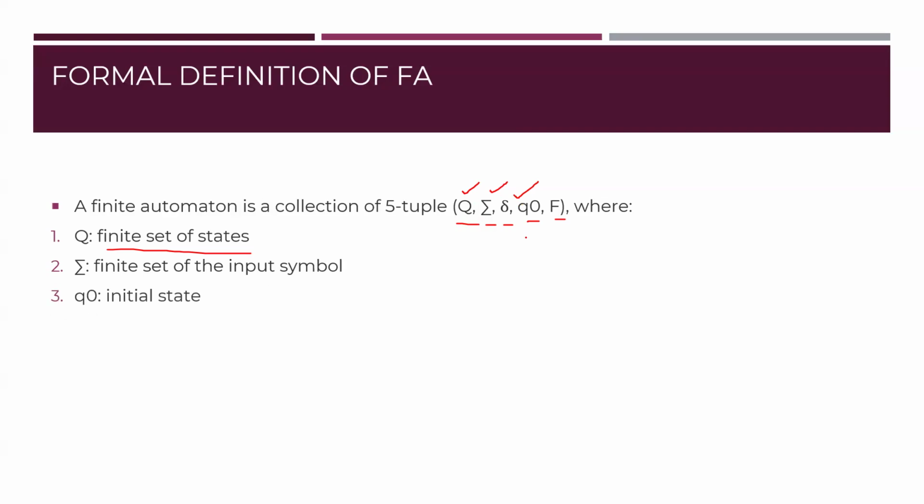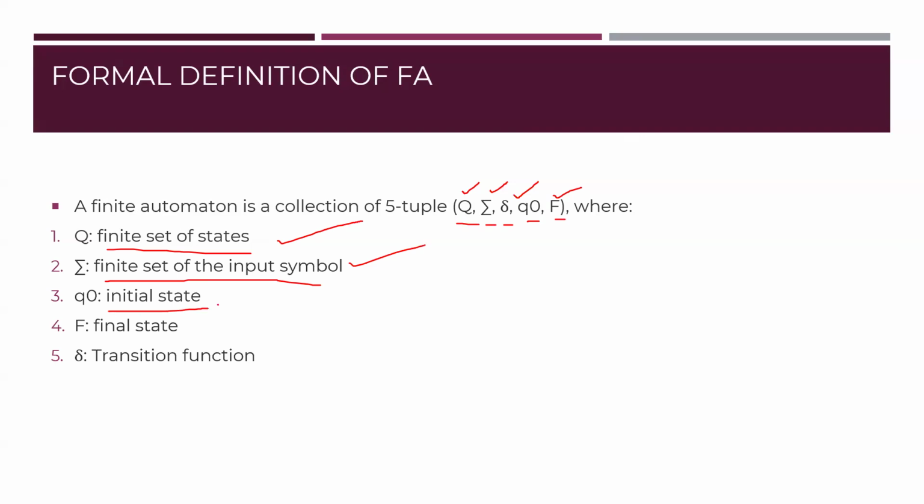Q naught is the initial state. F is the final state or accept state. So a finite automaton can always be defined as a collection of 5 tuples, namely Q, a finite set of states, sigma, a finite set of input symbols, Q naught, the initial state, F, the final state, and delta, the transition function.